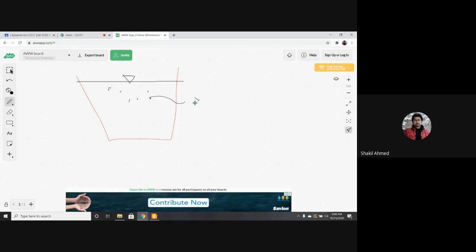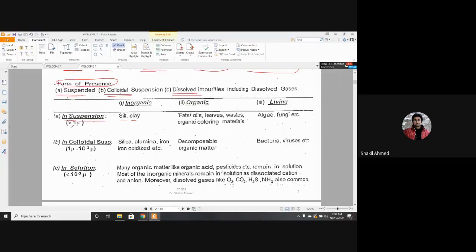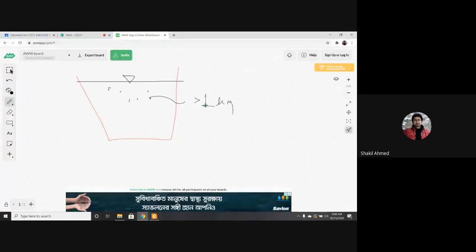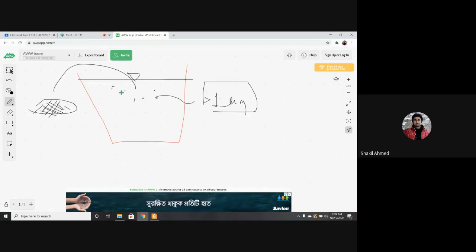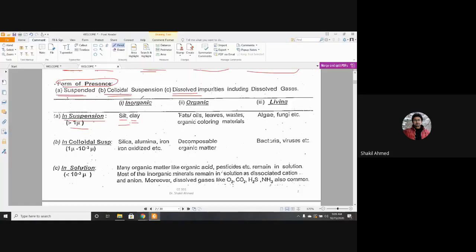If their size is greater than 1 micrometer, we call them suspended. One of the criteria of suspension is that you can easily filter them out. If you filter with a screen of proper filter size, you can screen them out. Then these pollutants will be removed. Easy.